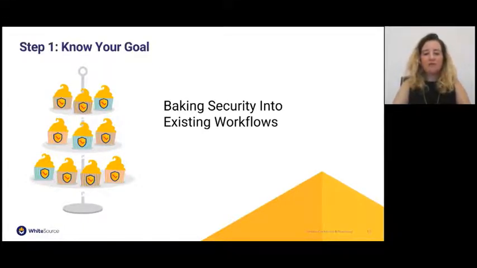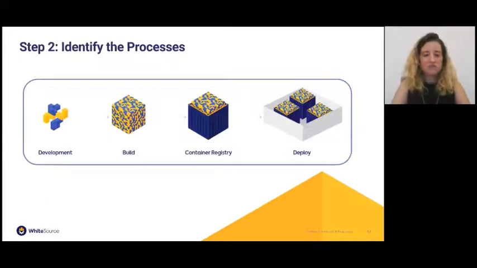So you have to actually identify what your workflows are. I mean, which repository you're working with, which tools you actually have, which part of the process is already automated, and then put the security within that. So identifying the processes is a very important step.